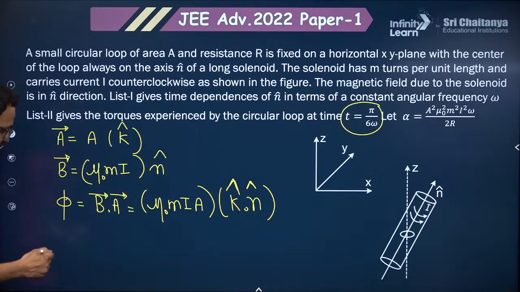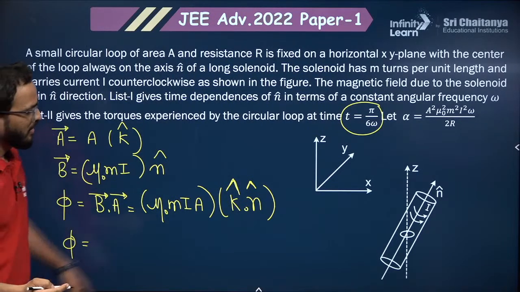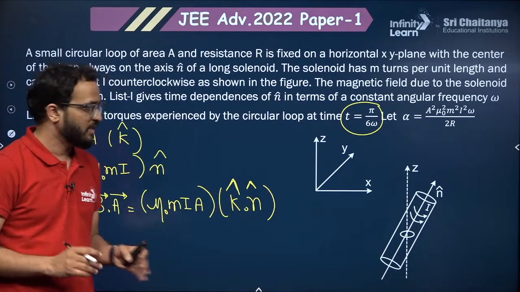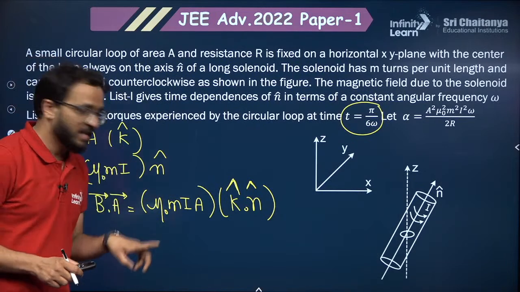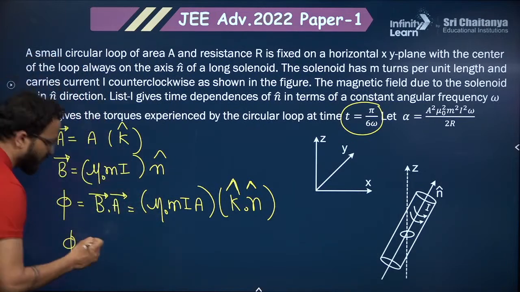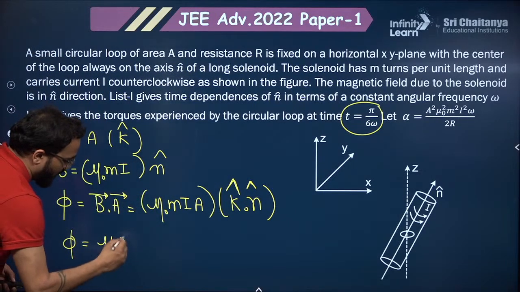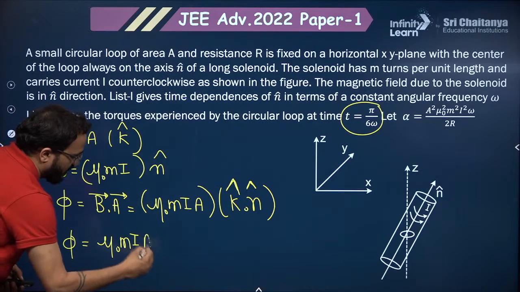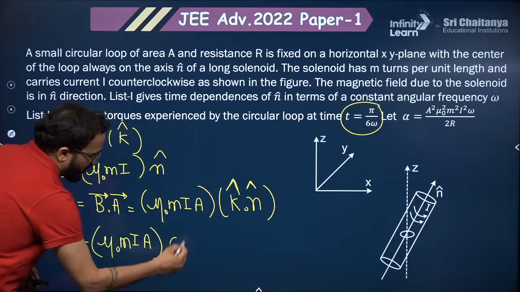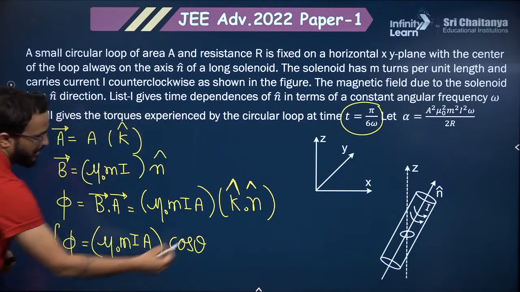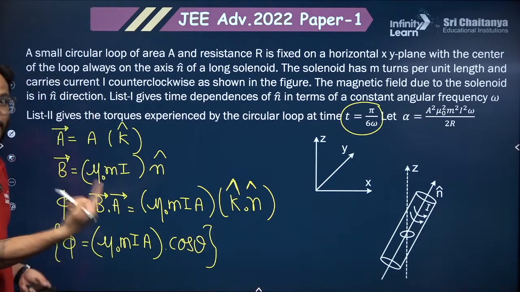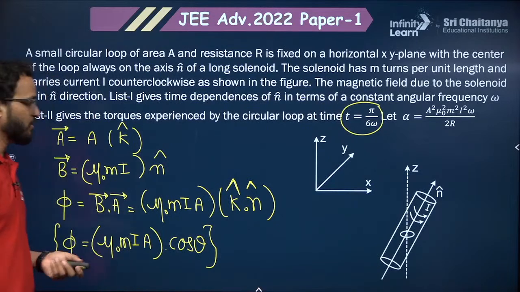Now what is k cap dot n cap? Obviously both are unit vectors. Let's say the angle between k cap and n cap is theta. So it will be mu naught m I A into cos of theta. This is the flux through the small coil, right?